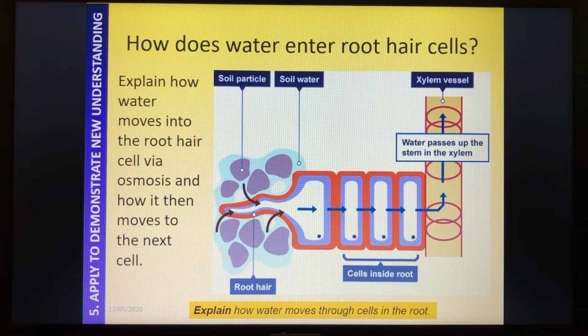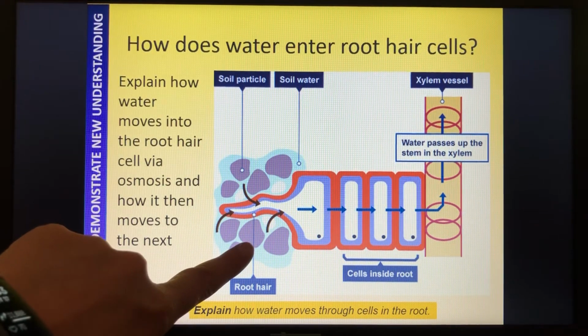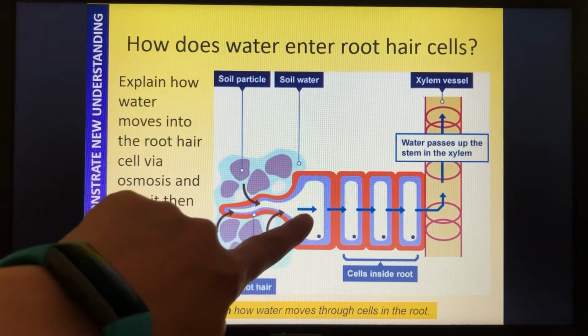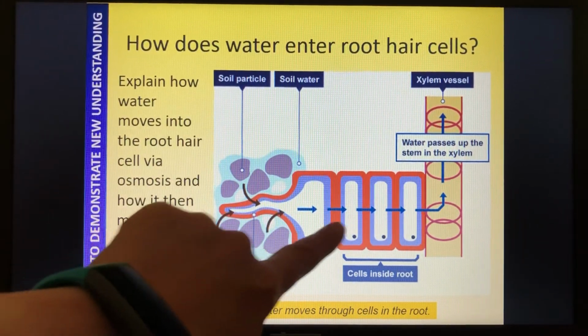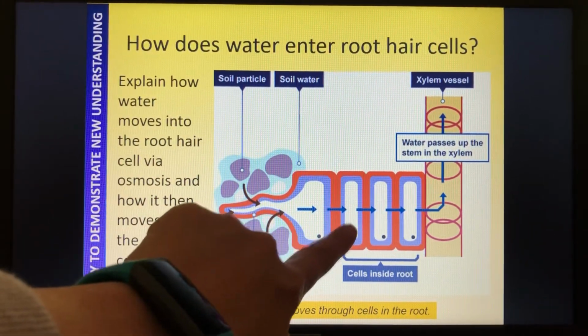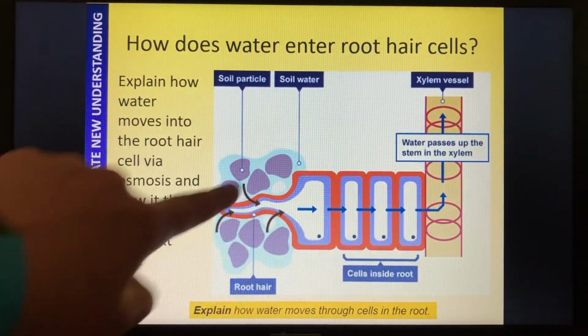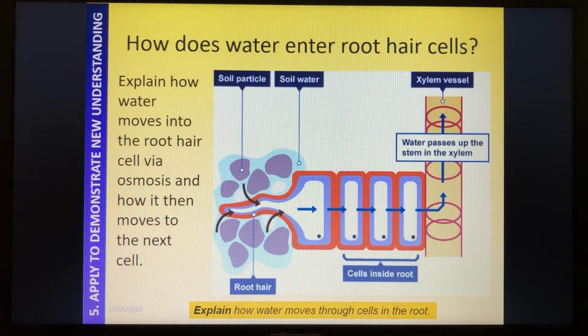The amount of water in each of them allows it to flow until it gets into that xylem. So high water, lower water moves in. This then becomes higher water than this one, moves in, and it's like this domino effect.